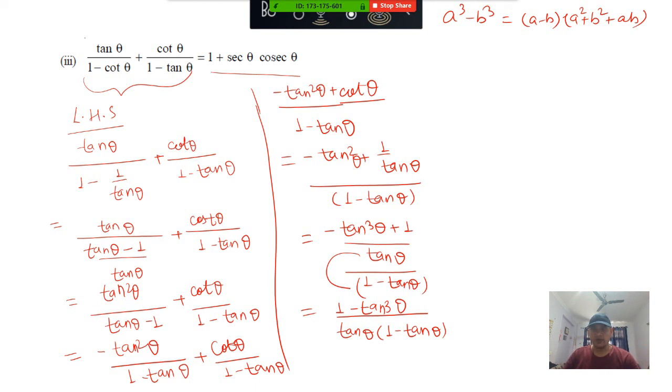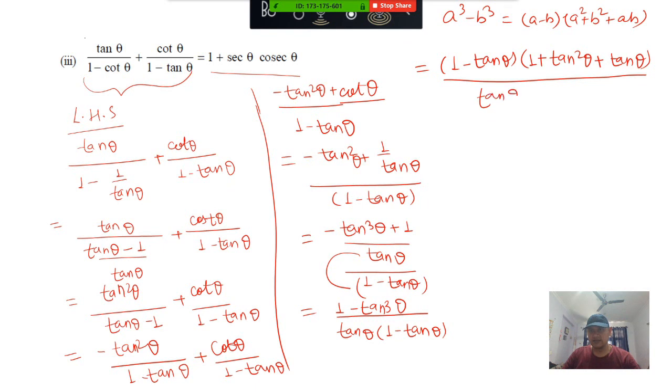So this becomes 1 minus tan theta, and then a square is 1 square, that is 1, plus b square, tan square theta, plus ab, 1 into tan theta, so that is tan theta. The denominator remains as it is, tan theta into 1 minus tan theta.